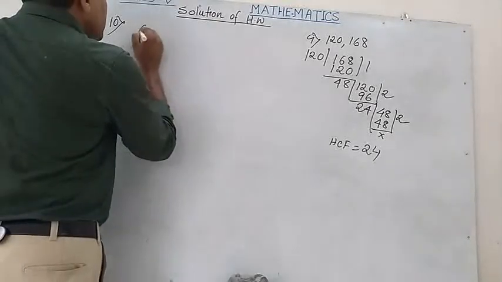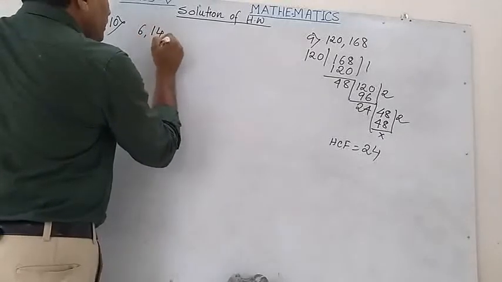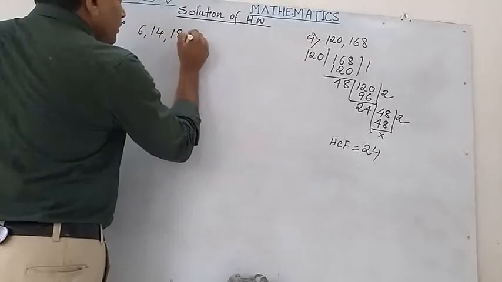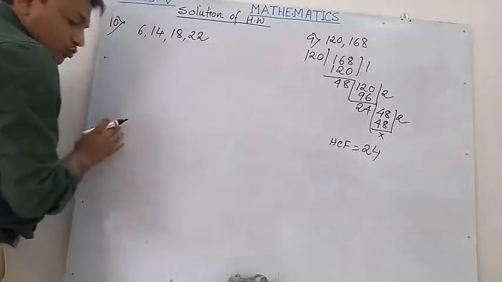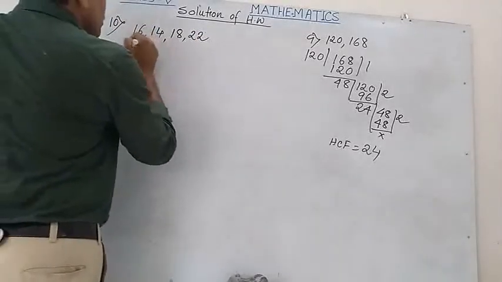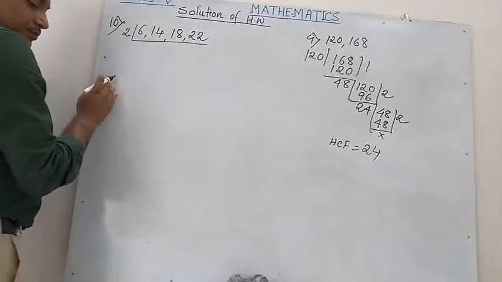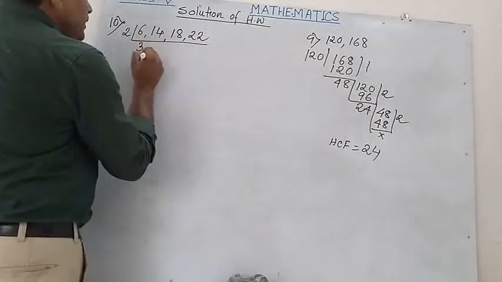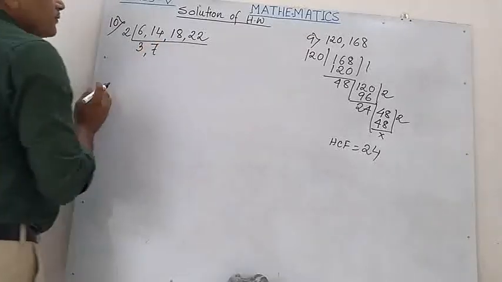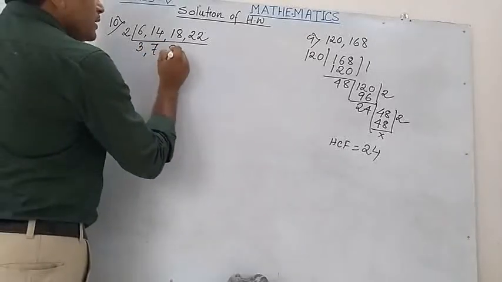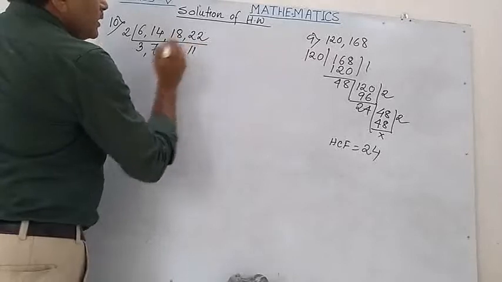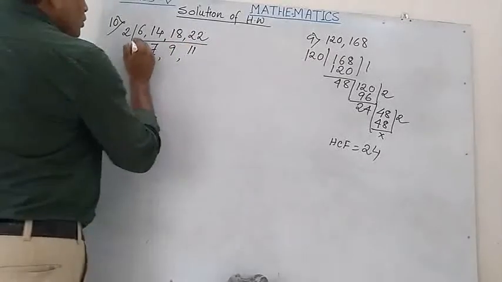So 6, 14, 18, 22. So first by 2, 3 2s are 6, 7 2s are 14, 9 2s are 18, 11 2s are 22.